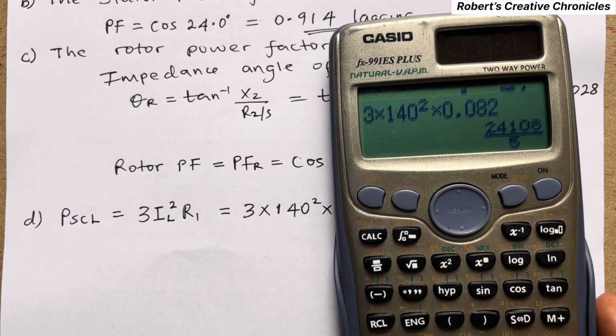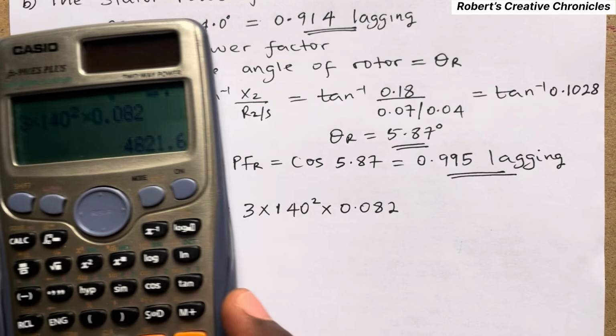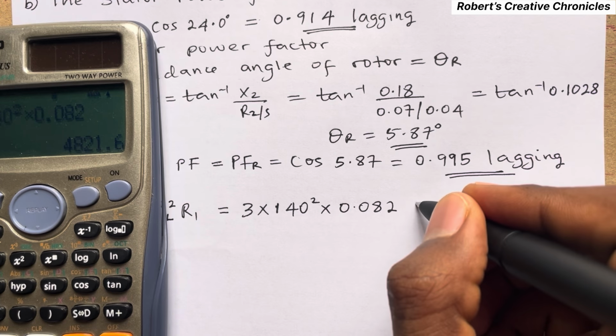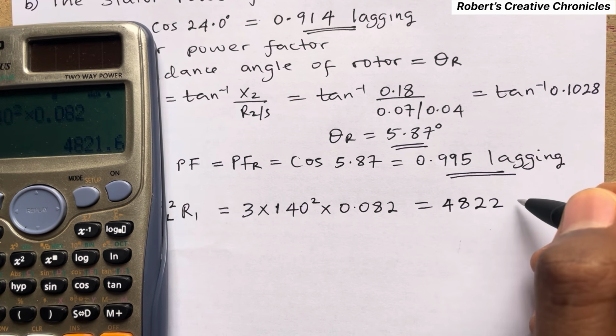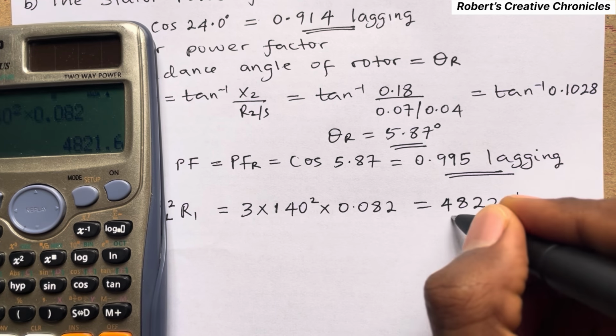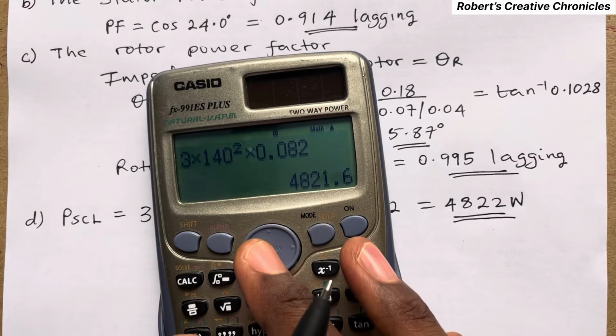This is 4821, approximately 4822 watts, in watts because it's a loss.